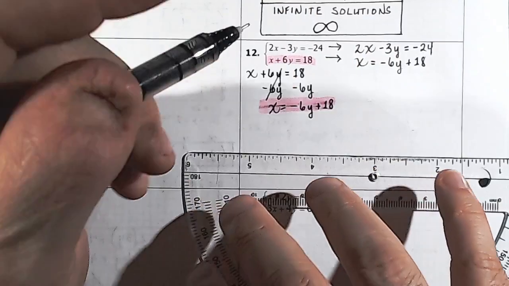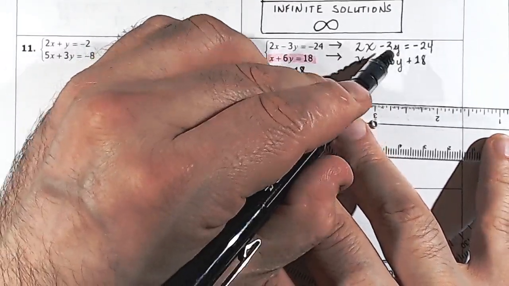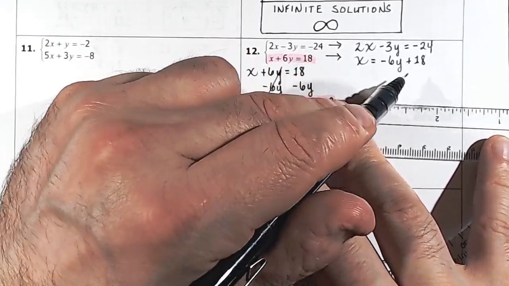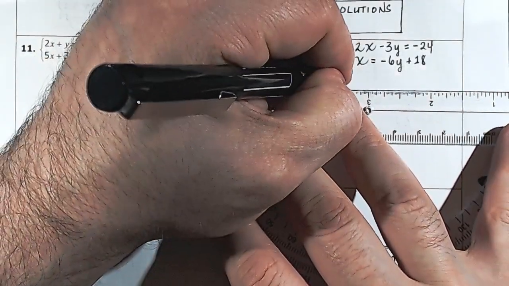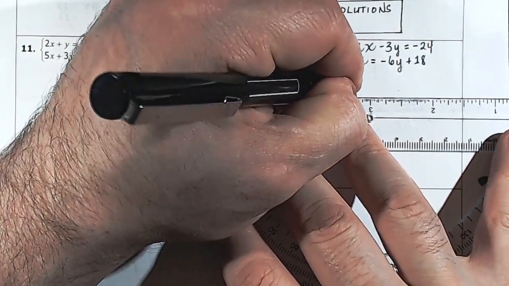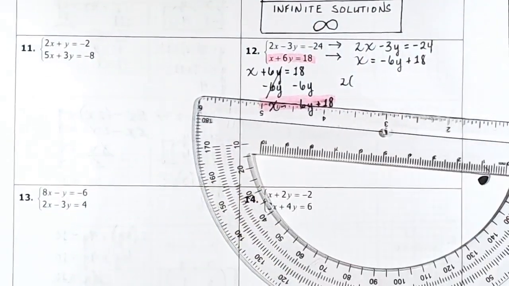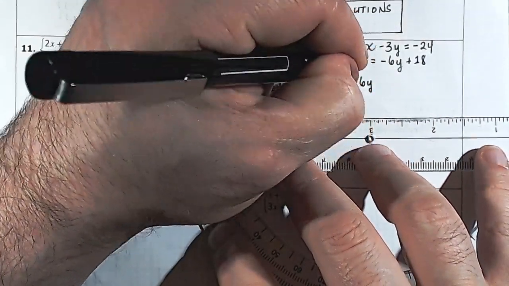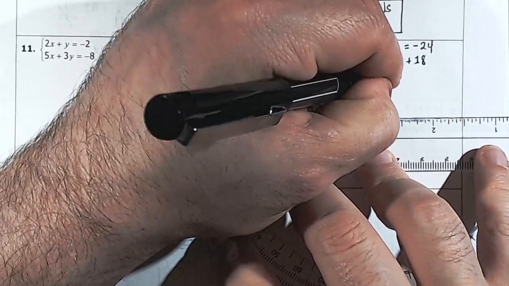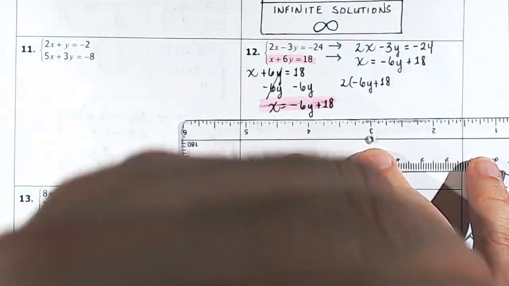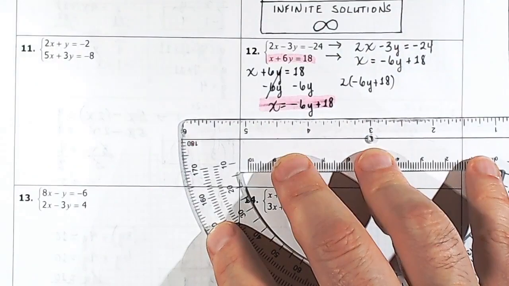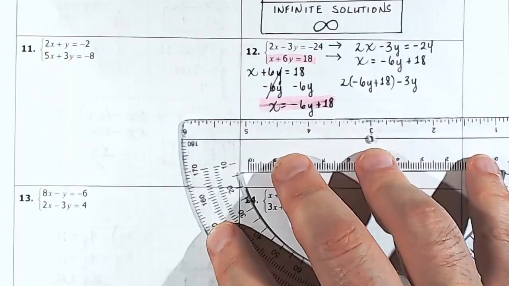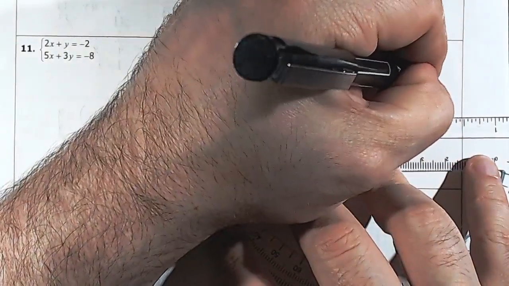Okay, that's substitution. So I'm going to rewrite this top equation down here, but I'm going to replace the x with all this stuff right here. So I'm going to write 2, open parentheses, negative 6y plus 18, close parentheses, minus 3y. You're just going to continue writing the equation, equals negative 24.